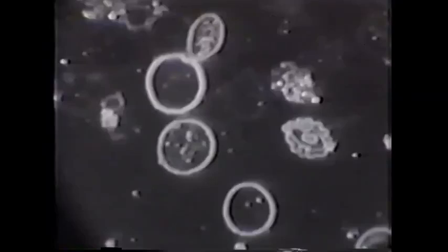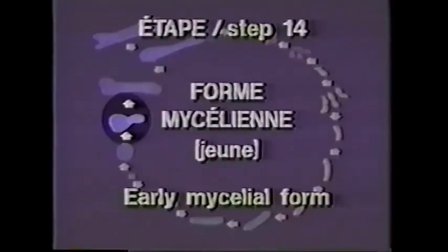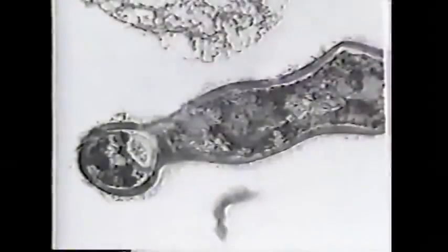The yeast-like formations proliferate and become ascospore forms, precursors of mycelial elements. From an ascospore form, we can observe the formation of a thallus, in which the cytoplasm gradually takes shape to constitute the young mycelial form.